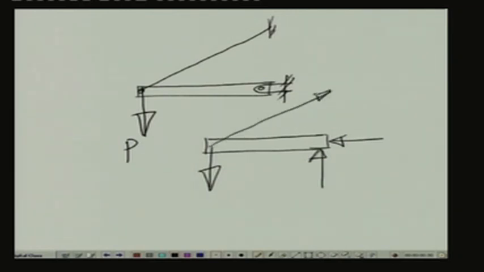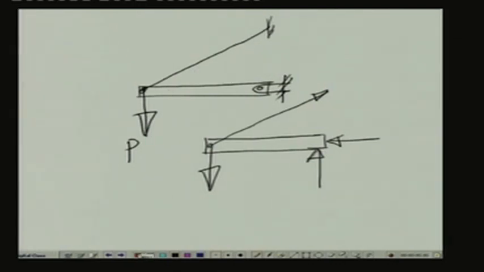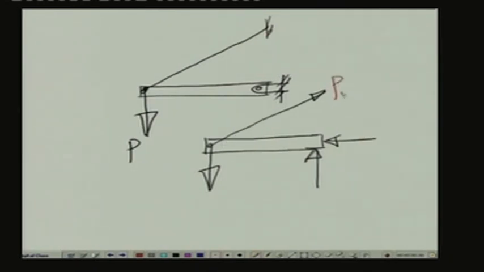This bar being pin connected is subjected to axial loads only. Hence, there is an axial pull P B, and these are the reactive forces R and H, and this is the external load P. This is the free body diagram of this particular system.